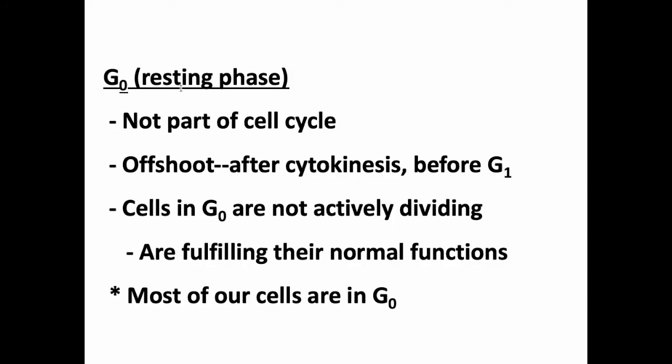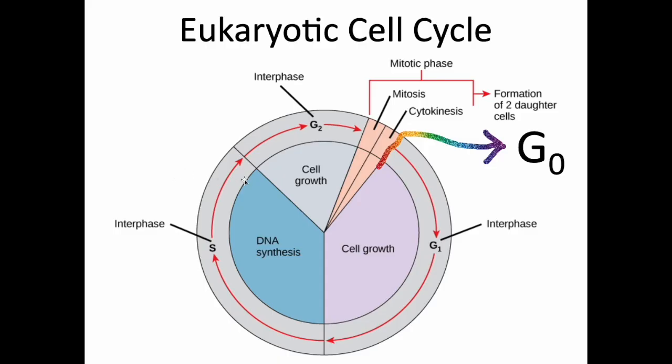They're not doing nothing. They're doing whatever their job is. They are in this G0 phase. So it's very important in that respect, in that most of our cells are not actively dividing. So this is for cells doing their normal functions, not getting ready to divide or doing any of this other stuff. Very few cells in the body are actively going through this cell cycle.